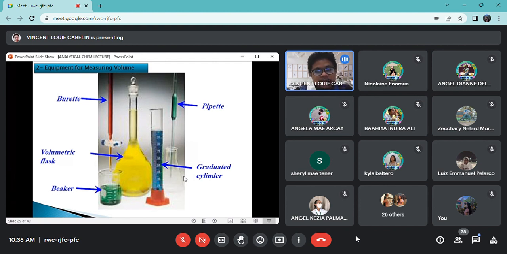So a flask is better because it's usually inert. It will not react to whatever you put inside it. Any questions so far? I'm sure you are all familiar with these types of glassware, right? None? Okay.